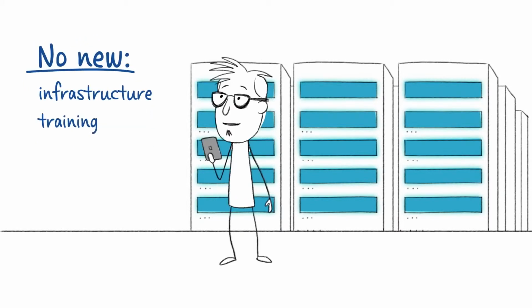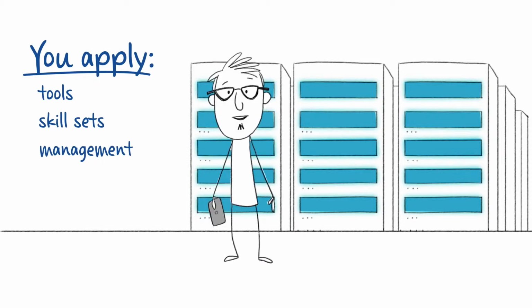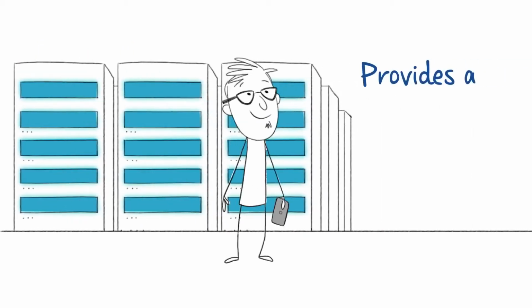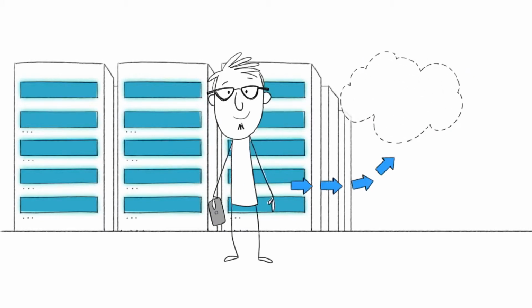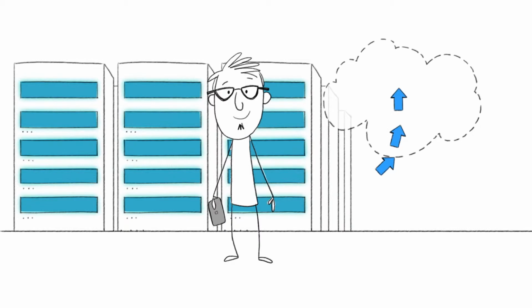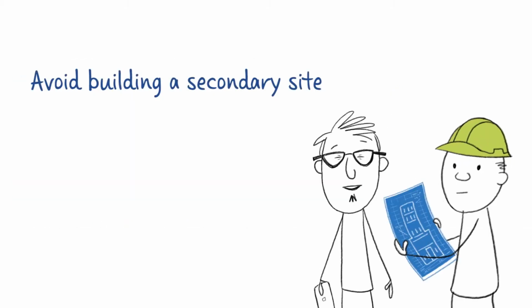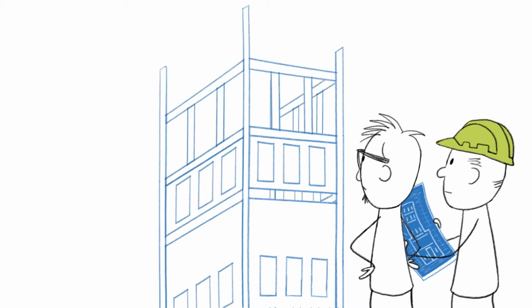There's no new infrastructure, training, or IT resources required. You apply the same tools, skill sets, and management you use now with your on-site VMware environment. vCloud Hybrid Service Disaster Recovery provides a safe haven for your business's critical information. Pay for just what you need today. Easily scale for what you need tomorrow. If you can't afford to build a secondary site or are spending too much on the one you have, vCloud Hybrid Service Disaster Recovery is a simpler and less expensive alternative.